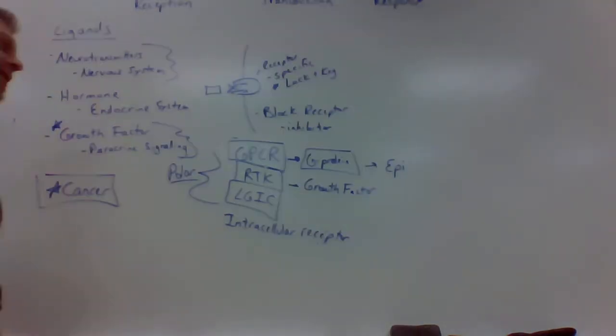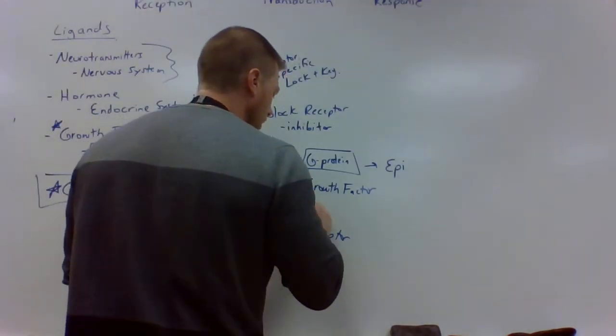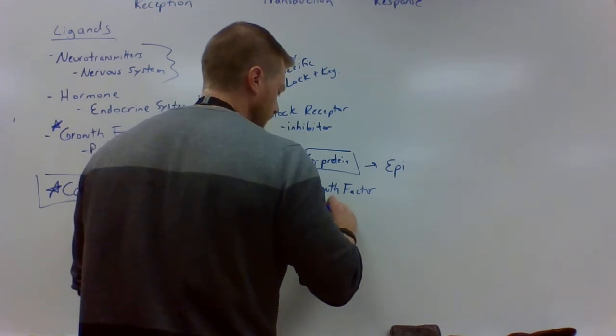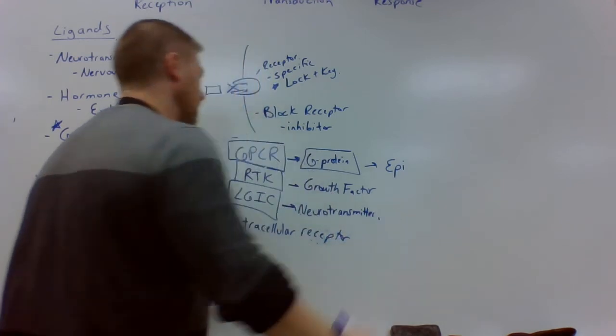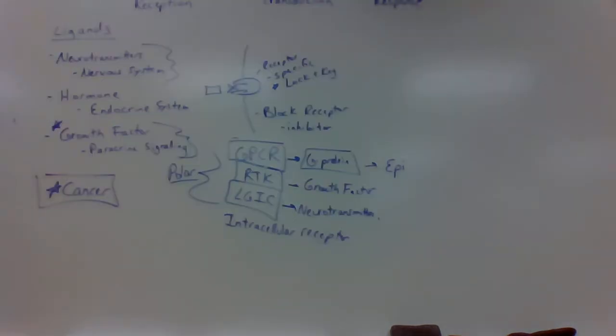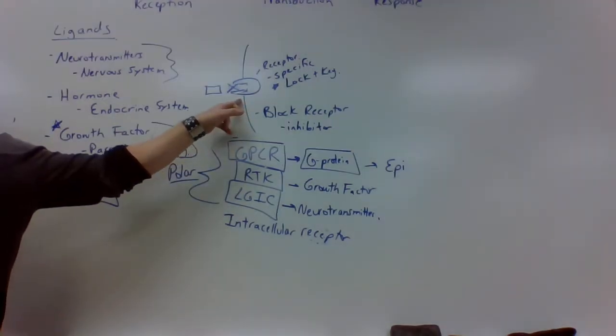And finally, we said that neurotransmitters bind to ligand-gated ion channels. So these neurotransmitters, these growth factors, epinephrine, these are all polar ligands because they're binding to receptors that are at the cell membrane.